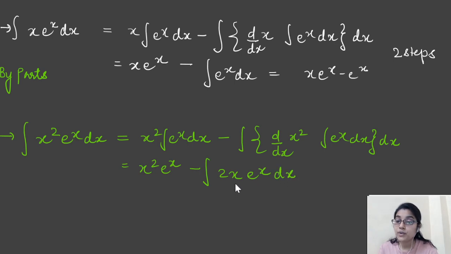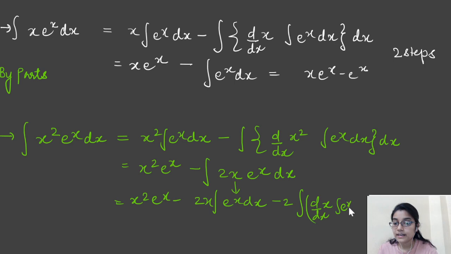Now you will apply by parts again, minus 2, differentiating x and integrating e raised to the power x. In this way you will get your answer, requiring 4 steps. In an exam, suppose x cube or x to the power 4 is given, then it will take a lot of steps to solve this integration, right?